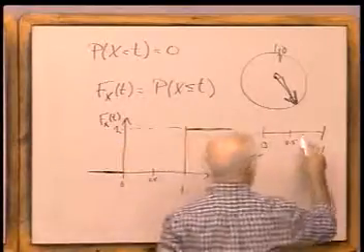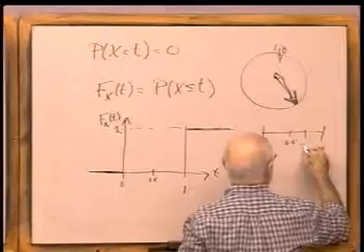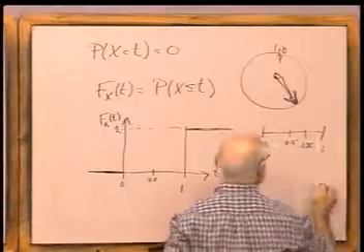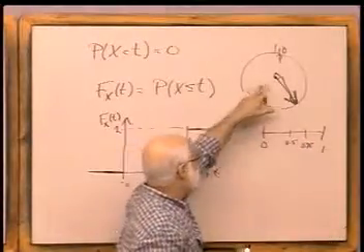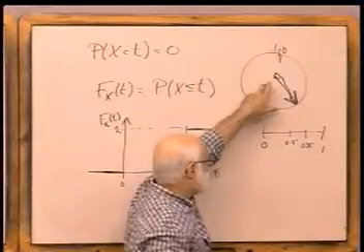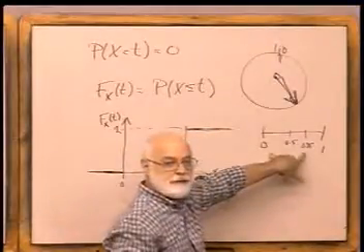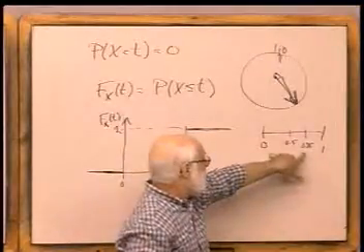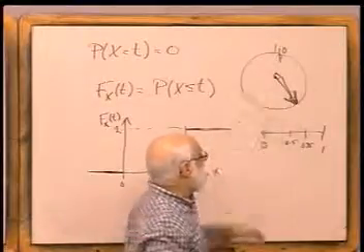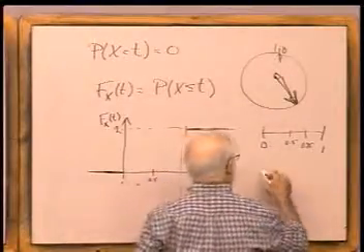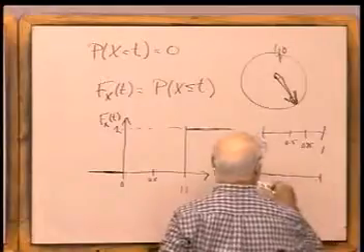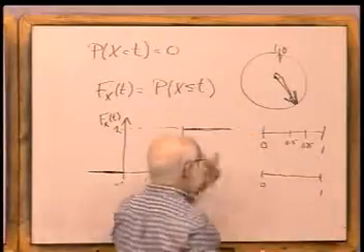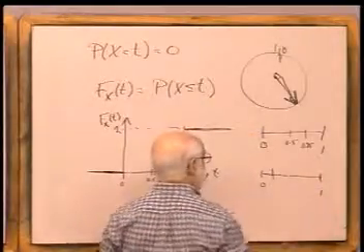Okay, how about 0.75? What's the probability that if I spin this dial, the value that I get will be less than or equal to 0.75? Well, if all numbers are equally likely, here's another way to think of it. Here's 0, here's 1. I spin the dial, I get some value. I can't predict it.